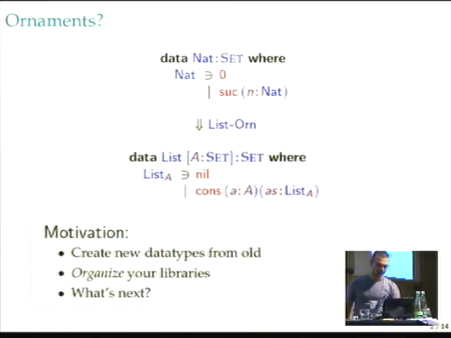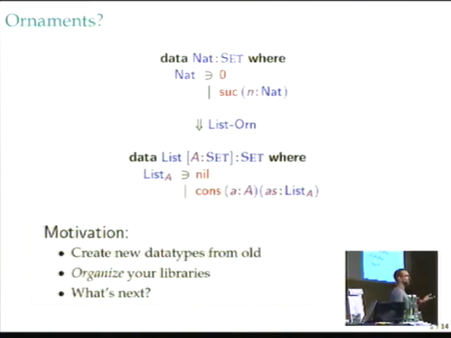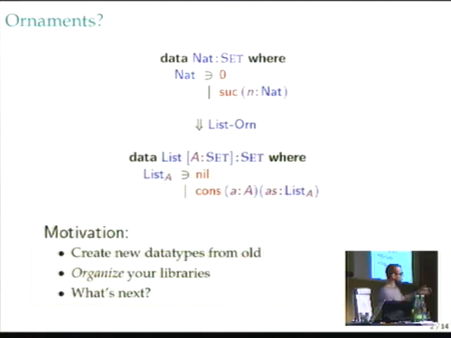The idea of an ornament, for example what we call the list ornament, will take that structure, keep it, and for every successor, add an element A. So it extends, or ornaments, natural numbers into lists. That's not the whole theory behind ornaments, but that's all I will need in this talk.